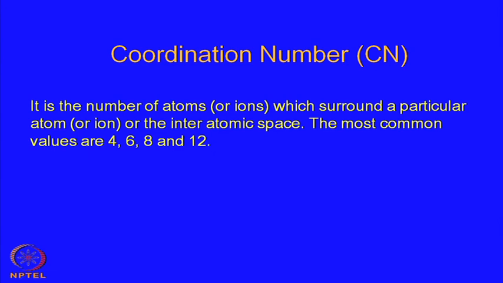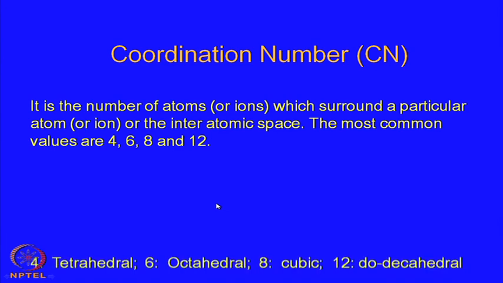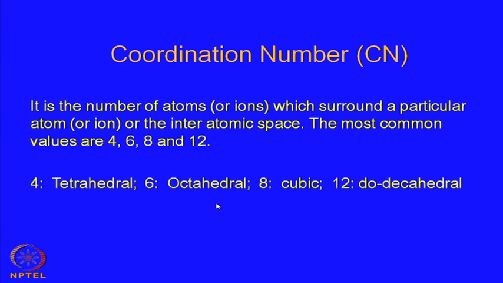We will look into these possibilities later on, but these are different kinds of coordination numbers, and these are the polyhedra formed around that particular space: tetrahedral, octahedral, cubic or dodecahedral. We will be discussing this coordination number time and again when we discuss the structures.